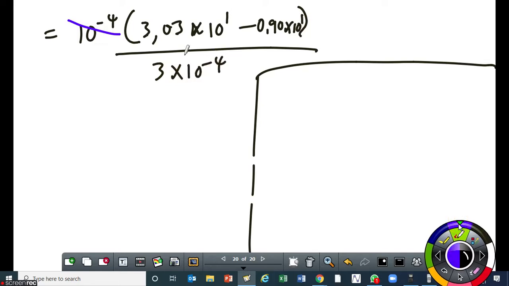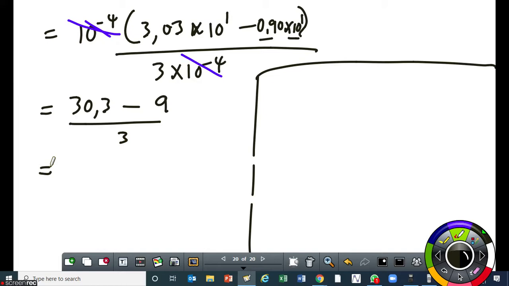Okay, so that one cancels with that. Then this will become, now 3,03 times 10 will give you 30,3 minus this 0,9 times the 10 to the power 1, which will give us 9, that's all over 3.